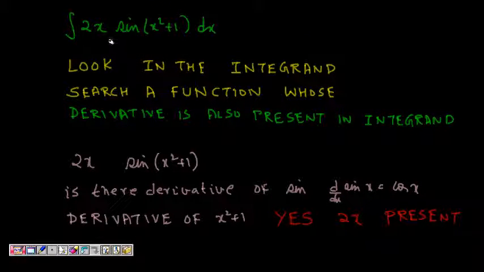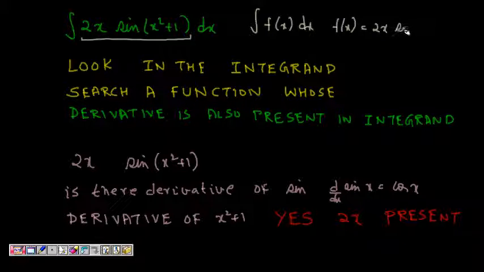So let's take one example. We have to integrate 2x sin(x² + 1). This whole thing is called the integrand, f(x) dx, where f(x) is 2x sin(x² + 1).